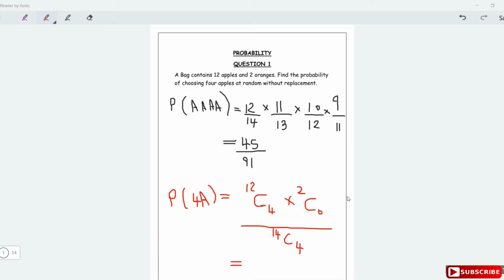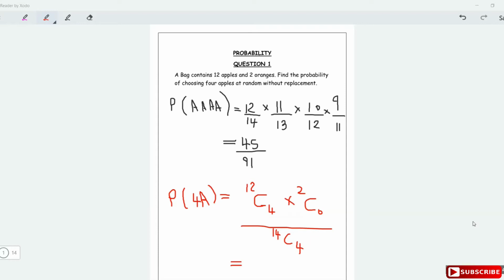So here it is now, let's put the fraction. It is going to be, I'm going to put my bracket, 12 choose 4, close that bracket, and it's being multiplied by 2 choose 0, close that bracket, and then now it is being divided by 14 choose 4.